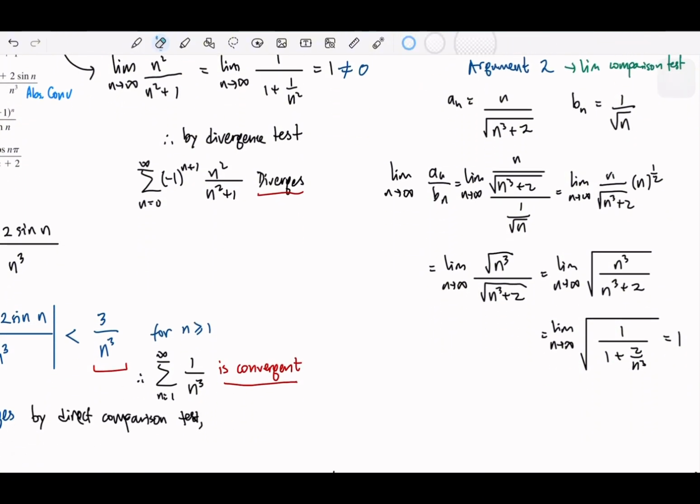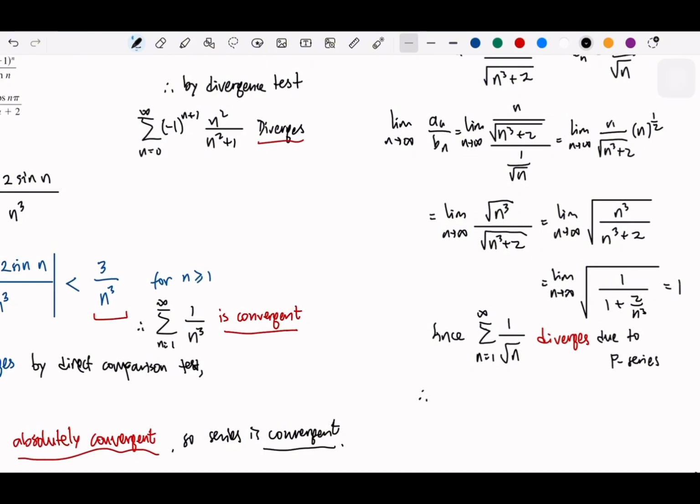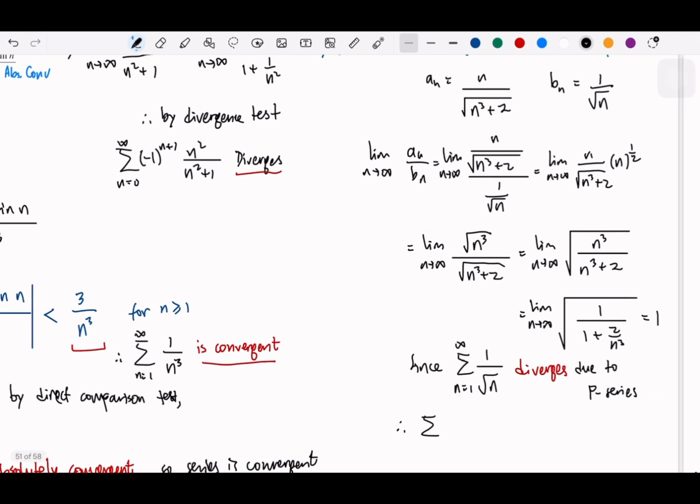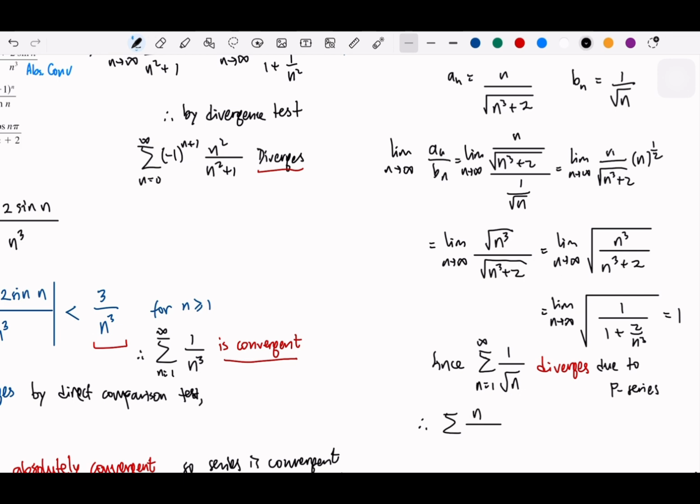Since the series for b_n, 1 over square root of n, diverges, due to the p-series, because p is less than 1, then the final result: the series of a_n, which is n over square root of n cubed plus 2, also diverges.